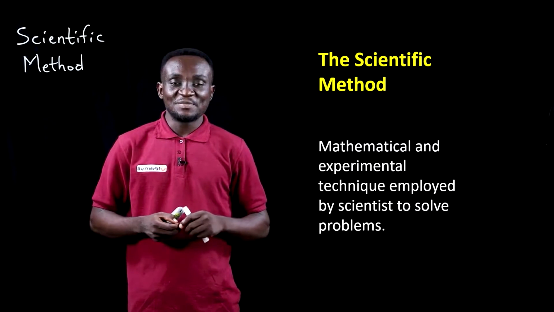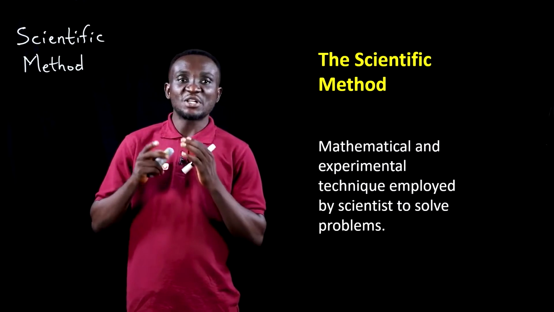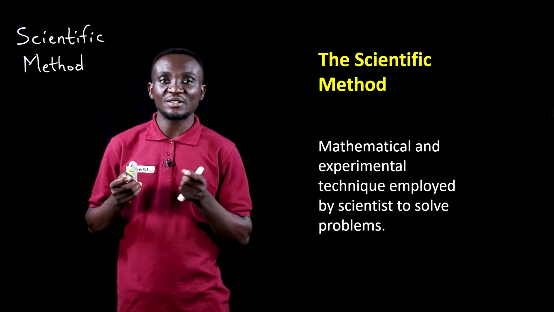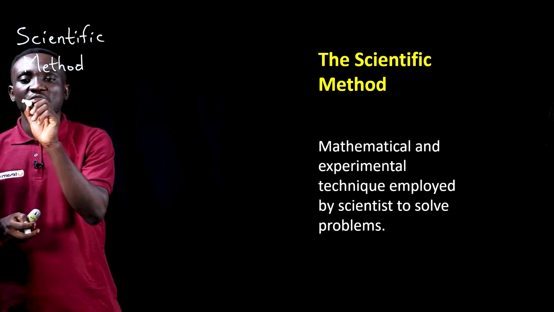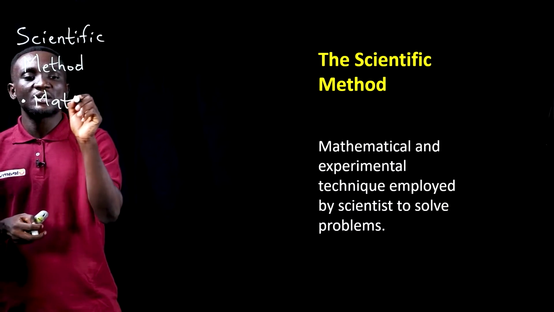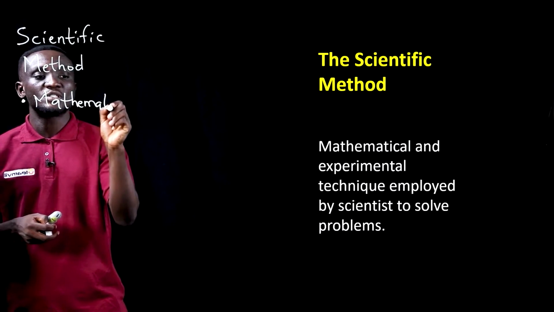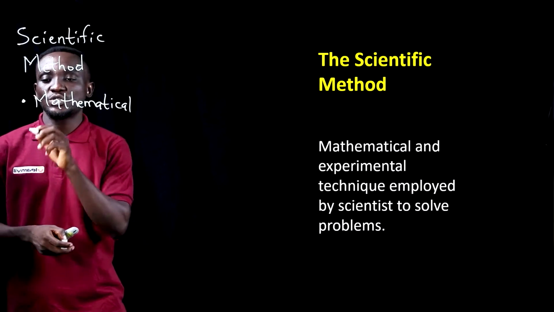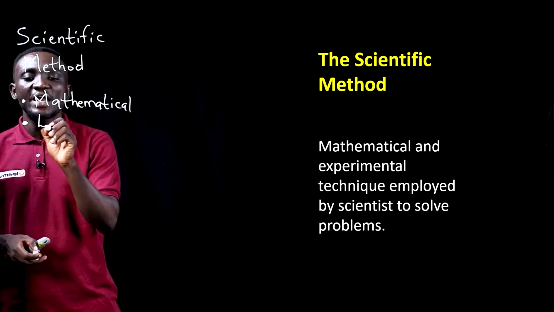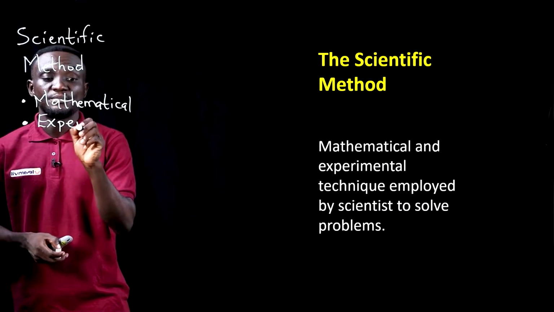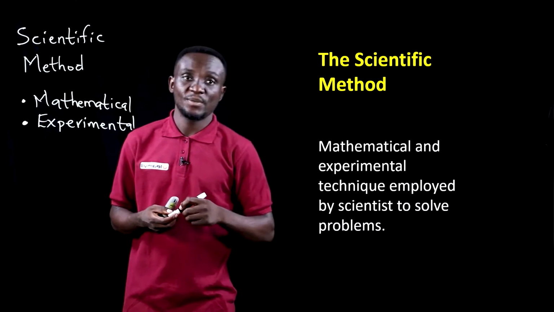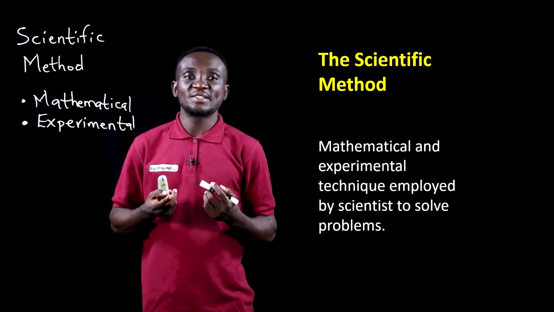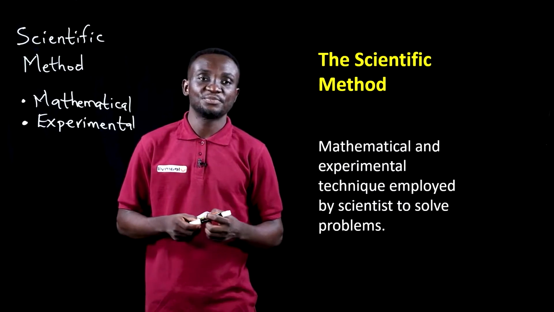What then is it? The scientific method is largely a mathematical and an experimental technique. So the two key words are that it has a mathematical component, and we'll see why shortly. It is also very experimental, and is employed by scientists to solve problems.